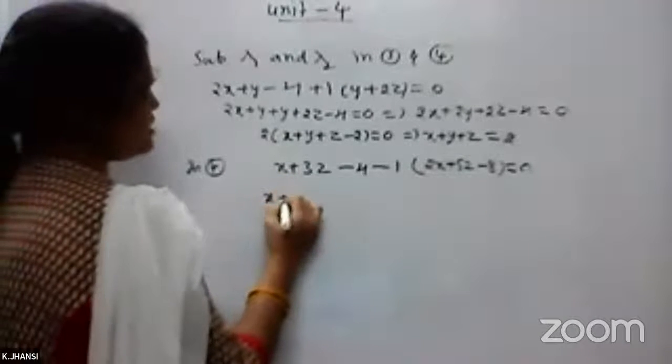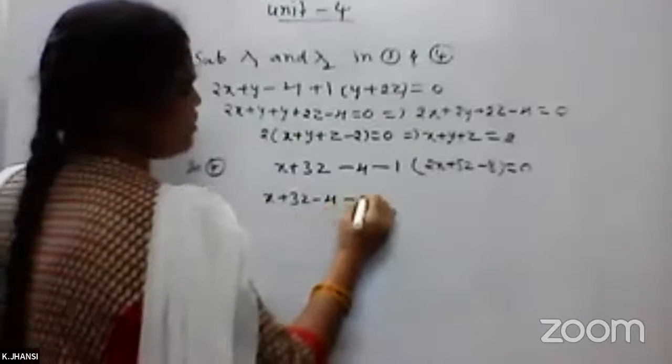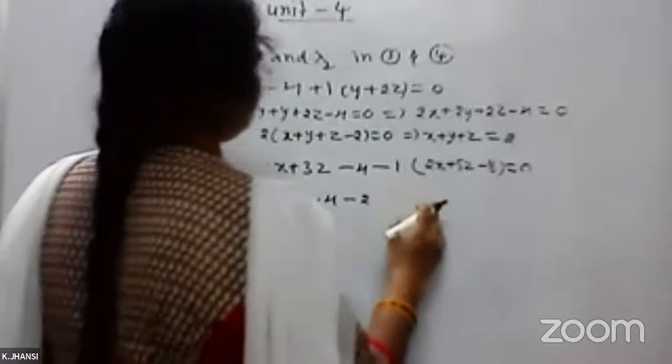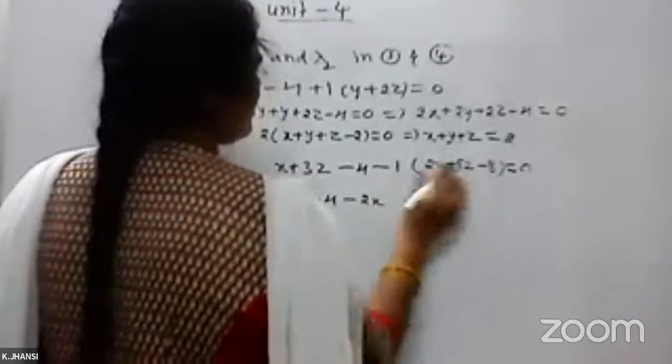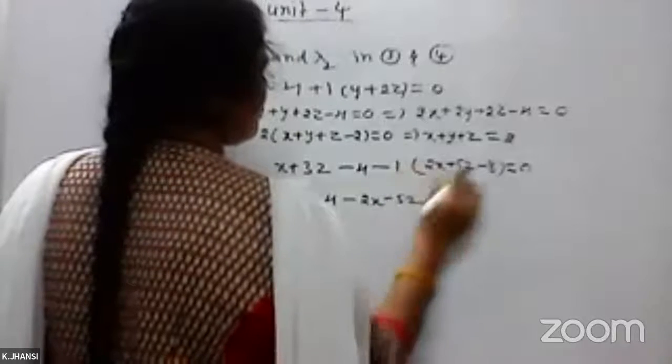When you simplify, x plus 3z minus 4 minus 2x minus 5z plus 8 equals 0.